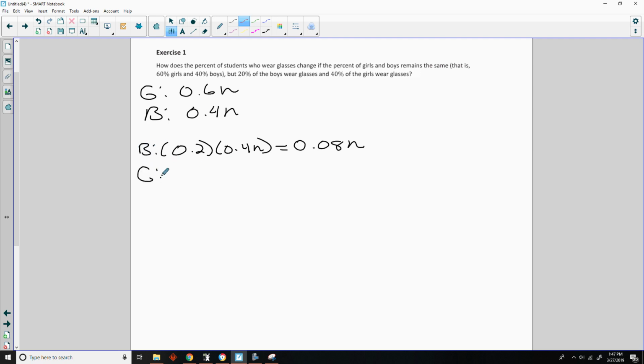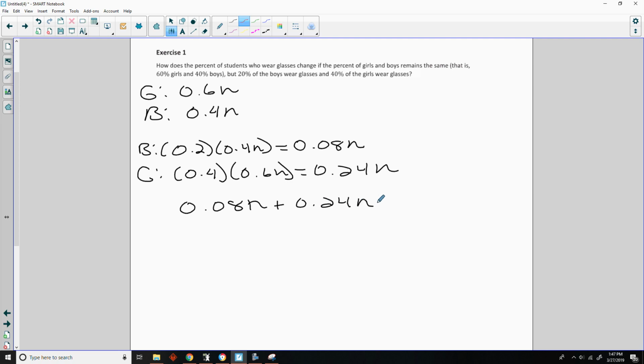The girls would then be 40%, which is 0.4 of the 60%, which equals 0.24N. So if I take that 0.08N plus 0.24N, that is going to equal 0.32N, and that's the percent, so it would be 32%.